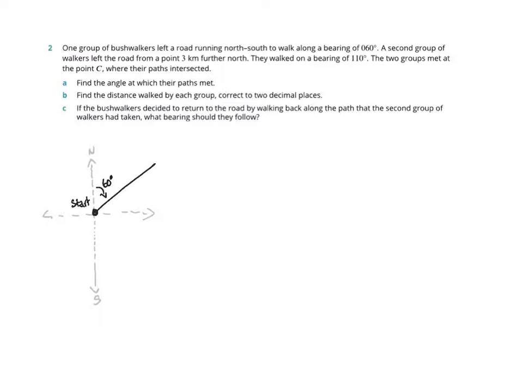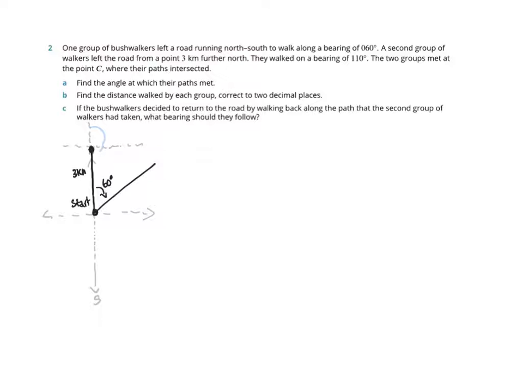A second group of walkers left the road from a point 3 kilometers north. So they're up here. They've gone 3 kilometers, but they leave from here, and they left on a bearing of 120. If you think about theirs, 120 would be somewhere out here.